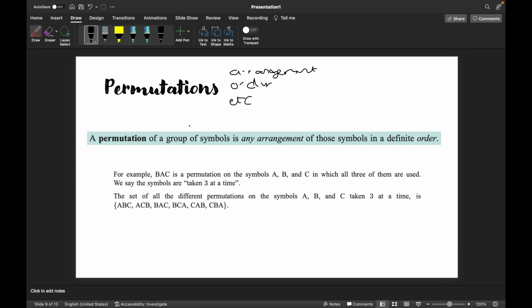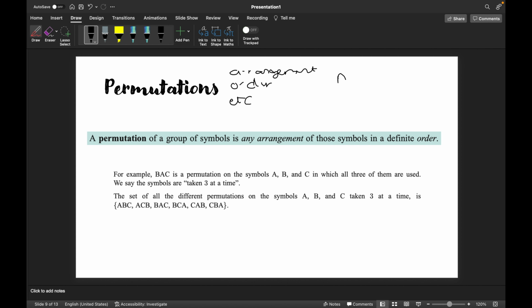The difference between permutation and combinations is that permutation deals with arrangement and so on, while combination deals with selecting certain things. In permutations, the order of things that you put in a line or you choose matters, but in combinations it does not. I'll give you an example.